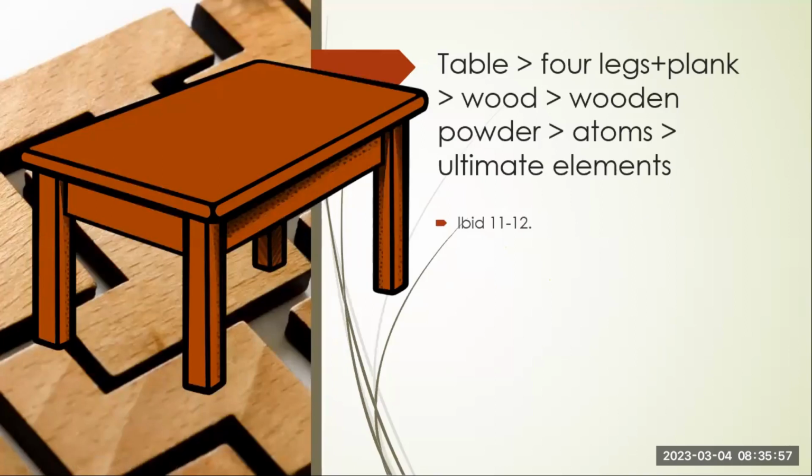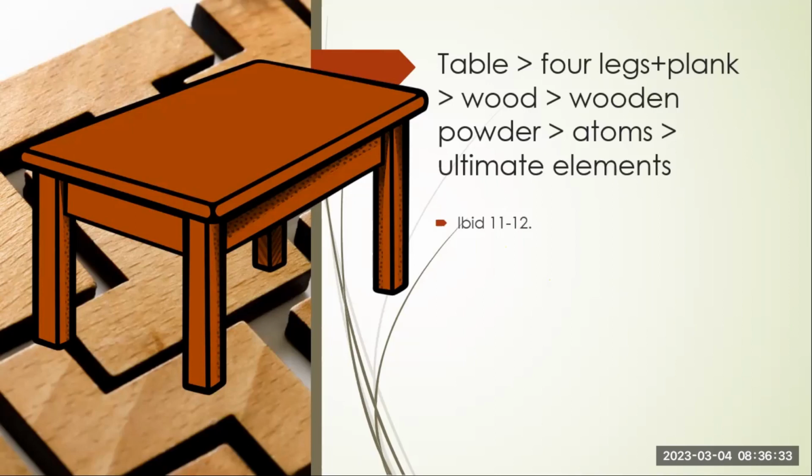Then when you disassemble those four legs and wooden planks, those are just wooden parts. Then you cut these legs and the wooden planks into particles. Also, you will find the wooden particles that can be used for cooking.